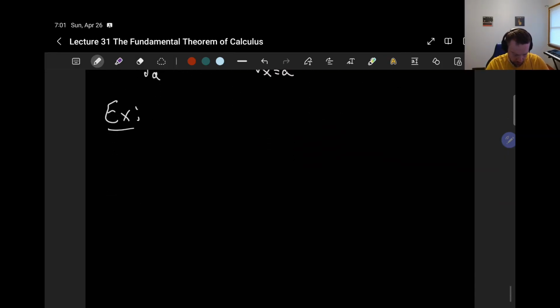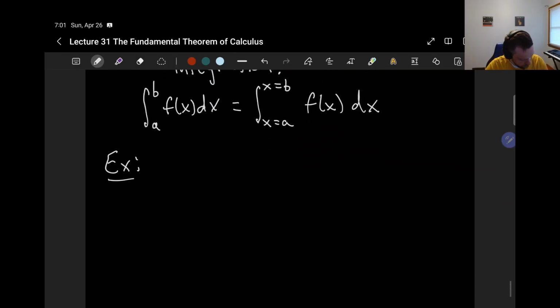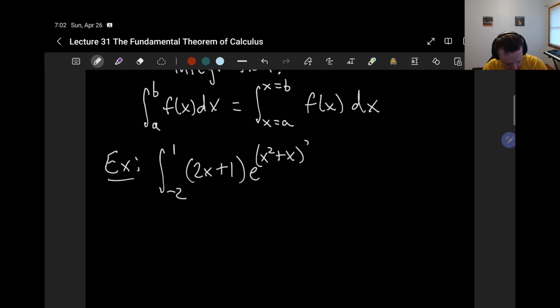Let's do a couple examples. The integral from negative 2 to 1 of 2x plus 1 times e to the x squared plus x, that whole expression cubed.